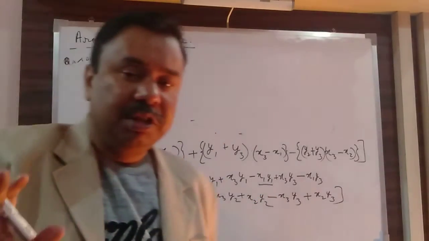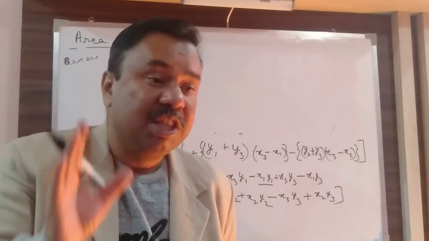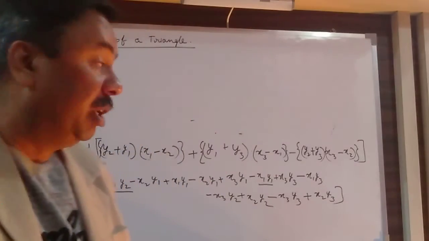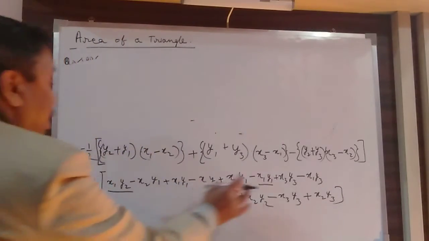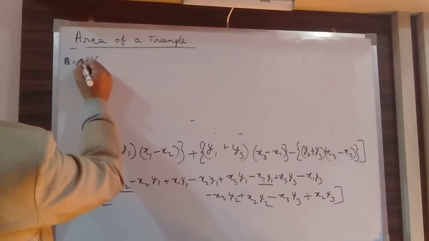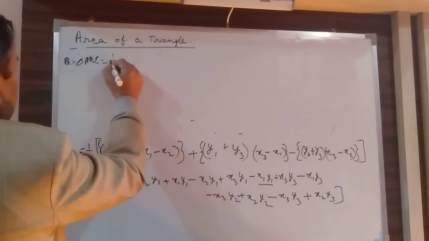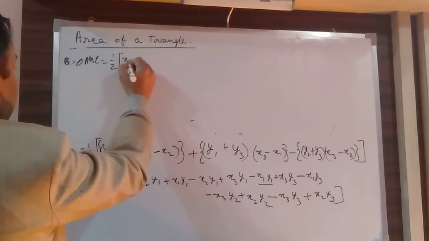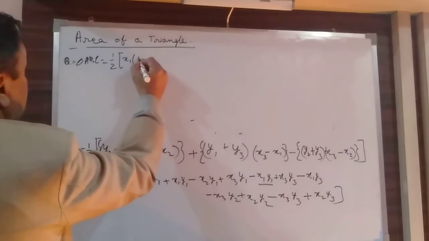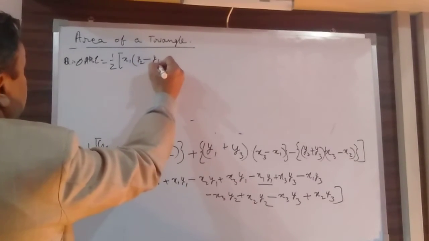Why I am doing this, you will be understanding, because I am doing this for some specific purpose or for some specific arrangement. So from these two terms, I can take half x1 common, and then it will become y2 minus y1.